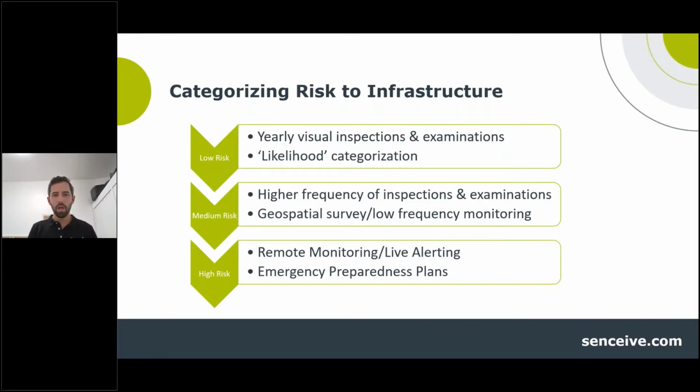There may be some geospatial, optical type monitoring, maybe some remote monitoring technology, but really set up as background gathering data for long-term information. And then our high-risk infrastructure, where there certainly is a higher level of remote monitoring, live alerting deployed on these assets, certainly with emergency preparedness plans in the case of failure or movement.